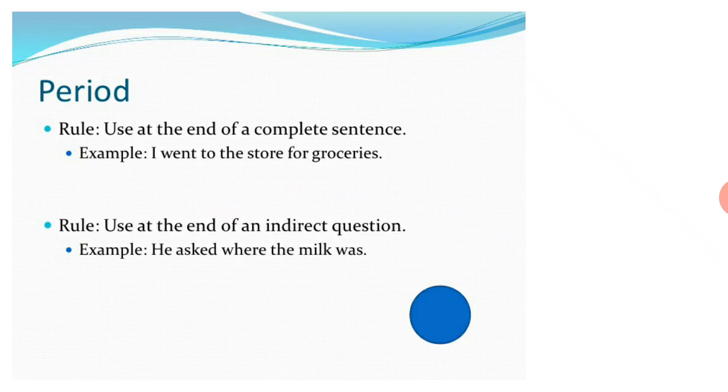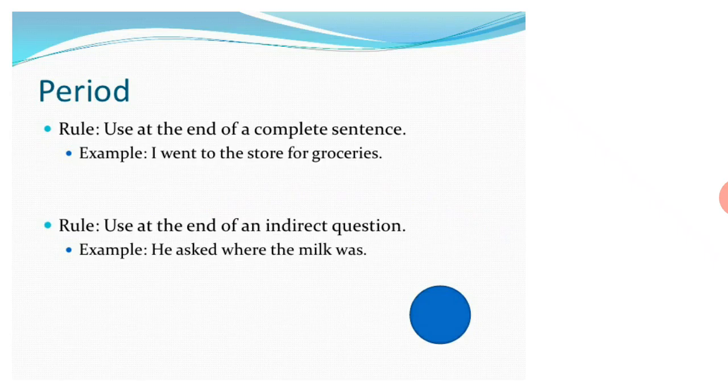For example, he asked where the milk was. Got it? Two rules. The first is at the end of a complete sentence you use a full stop, and the second is at the end of an indirect question you use a full stop.